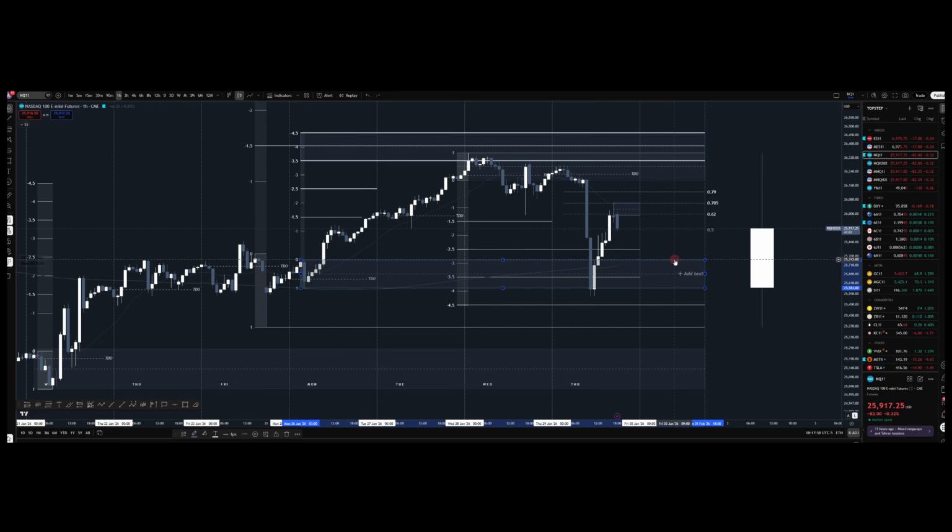We'll pop this on as our Monday manipulation. So push up to SD 1.5 for Monday. Little reaccumulation zone here. Manipulation again below true day open for Tuesday.